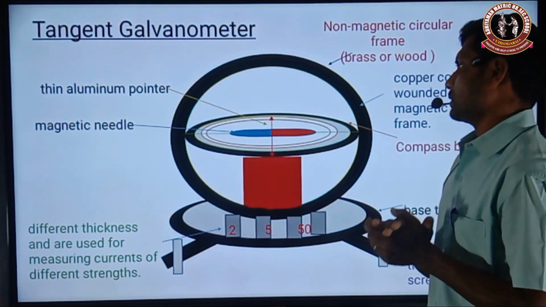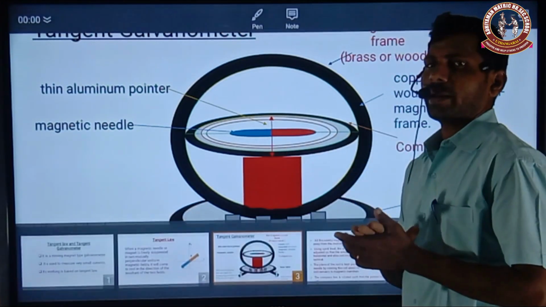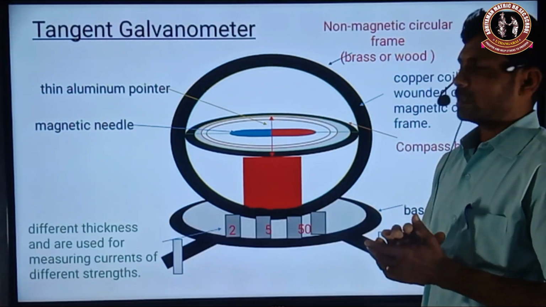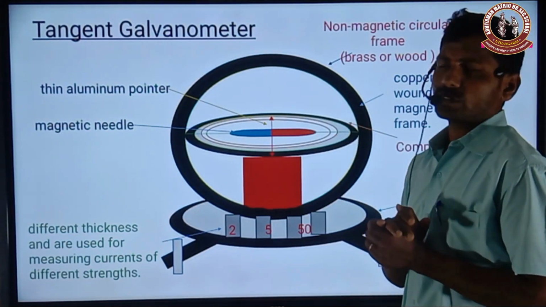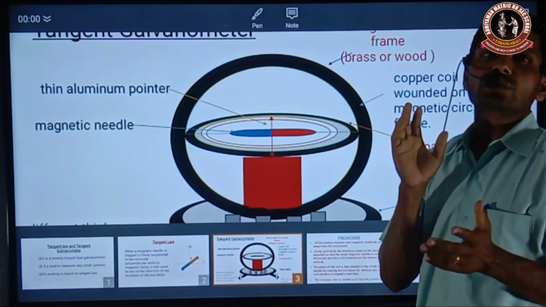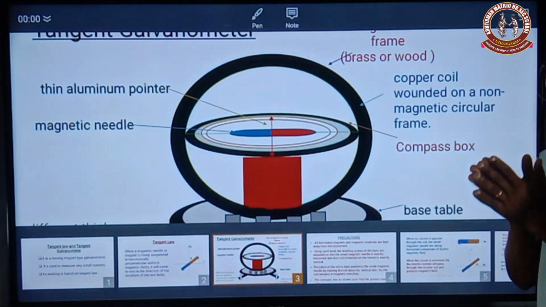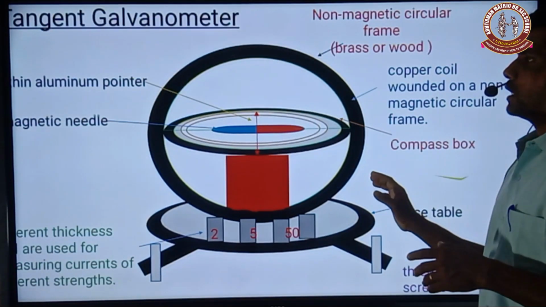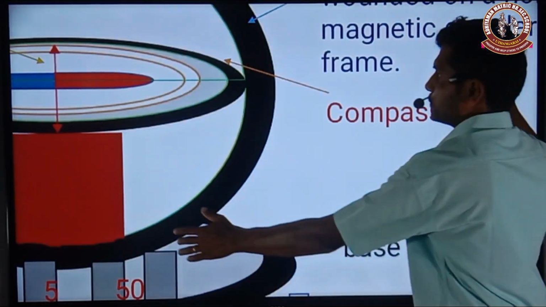Third, the small magnetic needle is parallel to the plane of the coil. And the last one is that the aluminum pointer reads 0 to 0. These are the precautions to follow before starting the experiment.